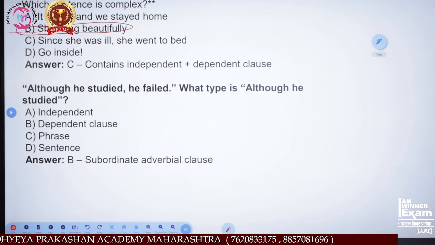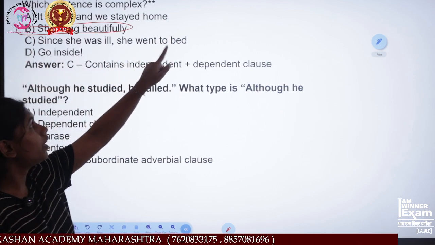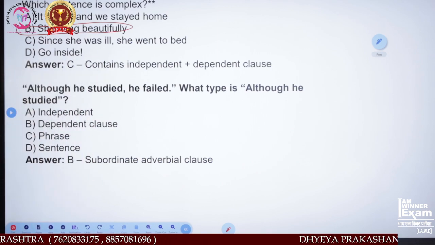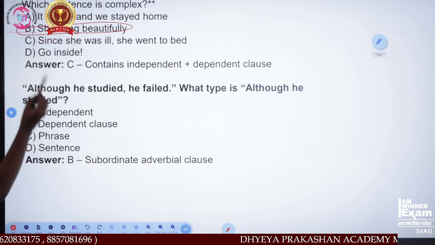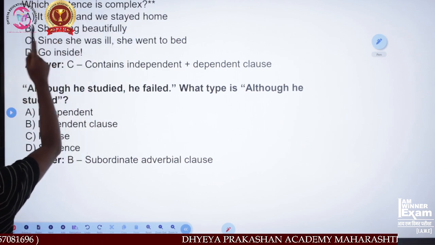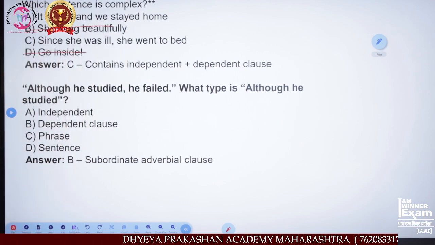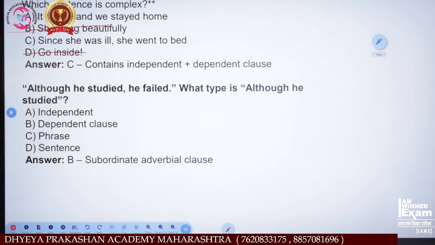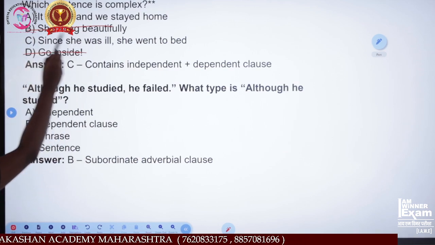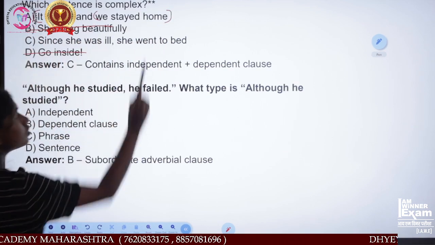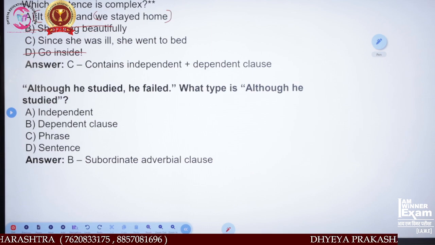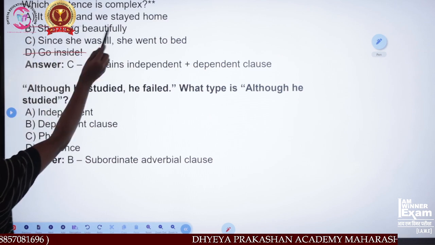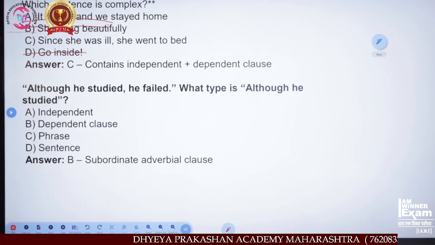Then next, since she was ill, she went to bed. And then, go inside. Now go inside is a command. And then, it rained and we stayed home. These are two independent sentences joined together. So which will be your correct option? That is option number C.